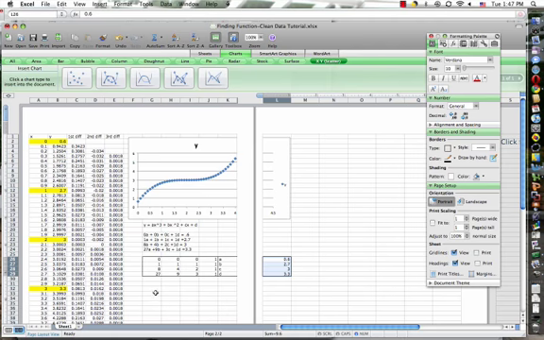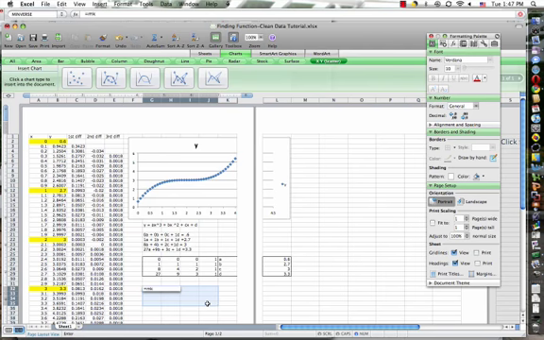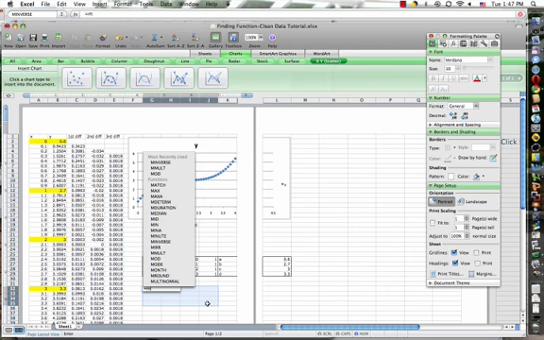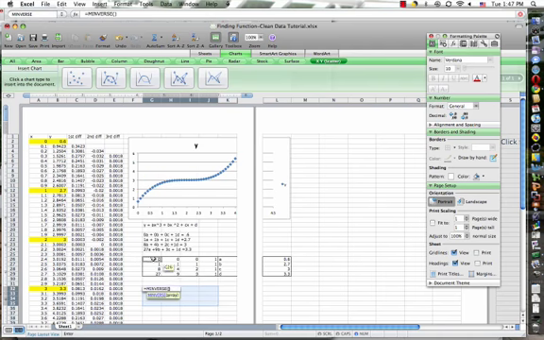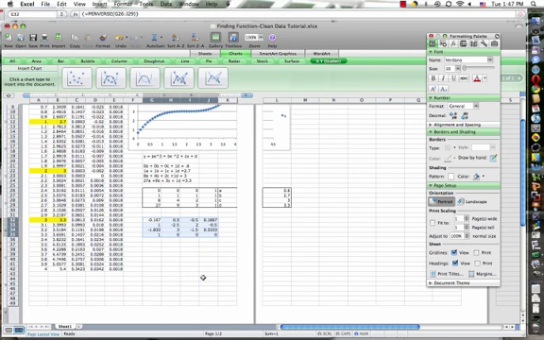Since it's a 4 by 4, we know we're going to have a 4 by 4 for the inverse. Equals matrix inverse, double click this, select our array where our inverse is, and hold Control Shift Enter. There is our inverse.